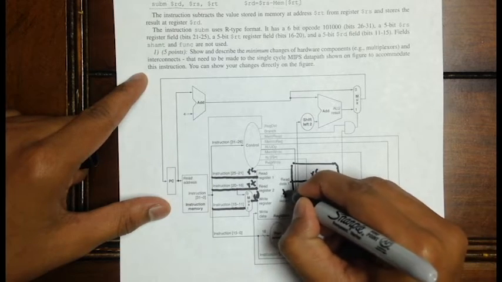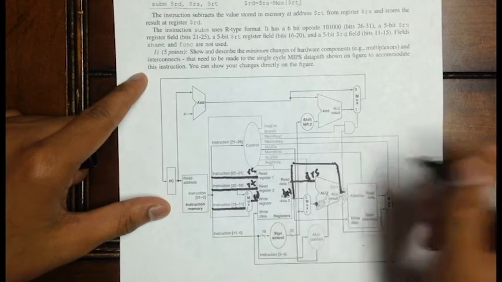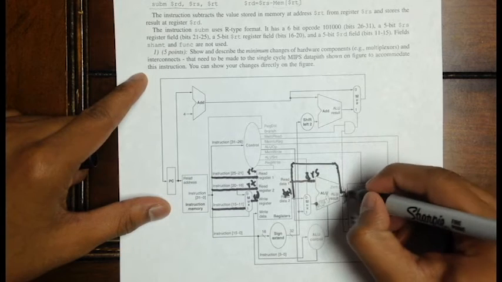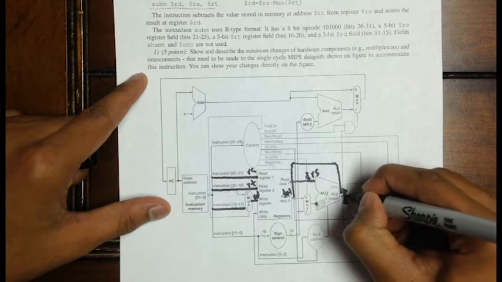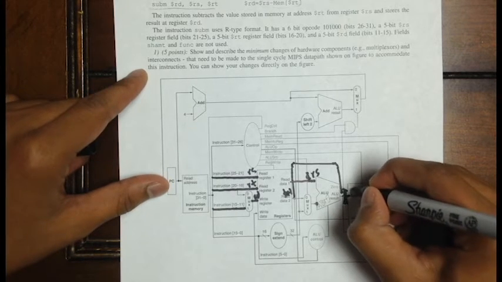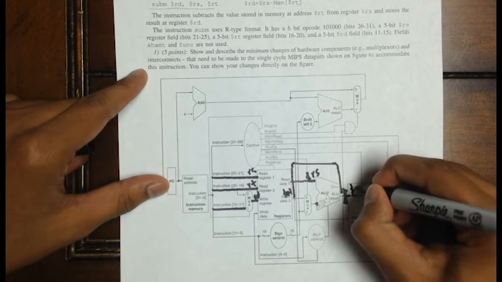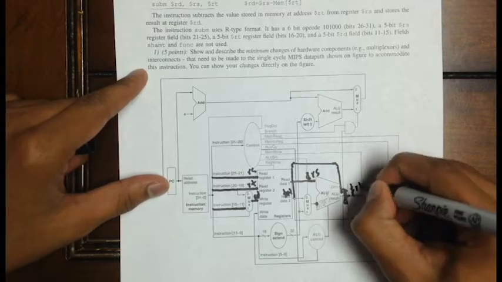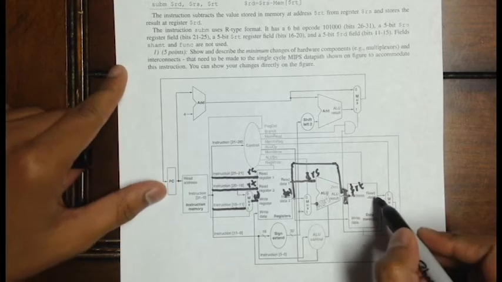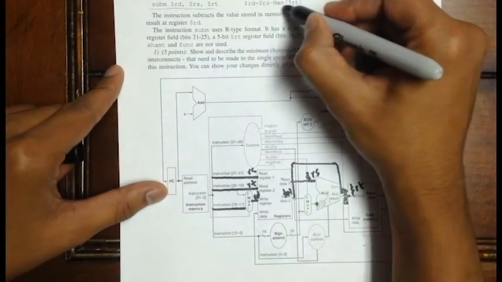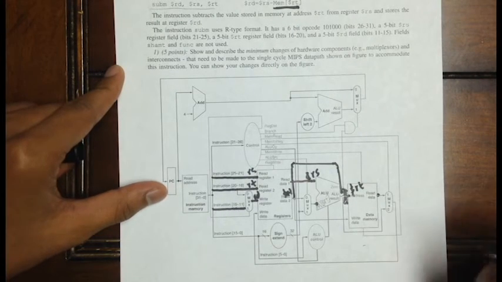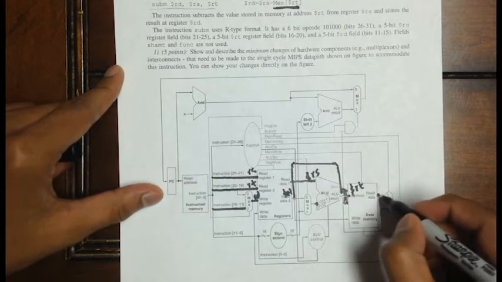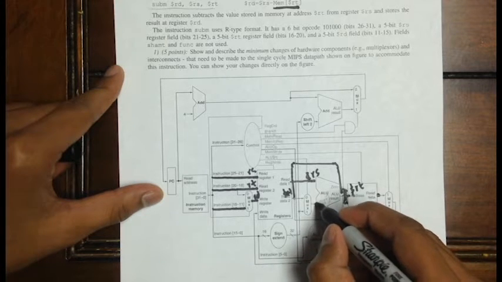So this is the value RT, and that is going into the multiplexer and into the address. So the address has the value stored in RT. So this is going to call the memory at RT, and that is going to be output here. Now this is what we want in here.